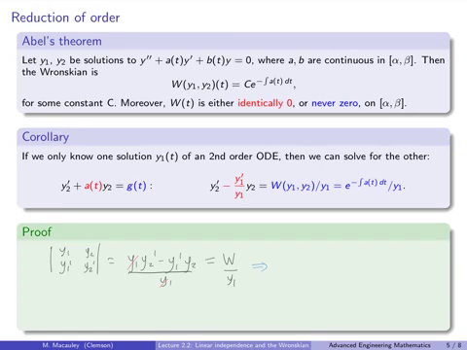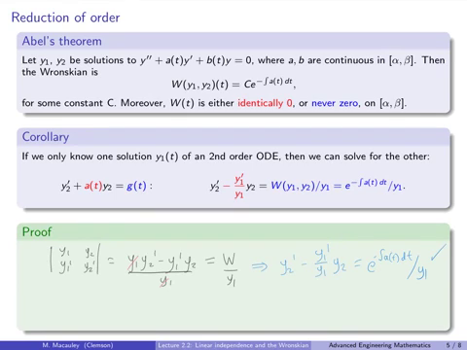And we have y2 prime minus y1 prime over y1, y2 equals w, which is, remember, w is this exponential function. So I'm going to write that as e to the negative integral of a of t dt divided by y1. And that's all we had to do.